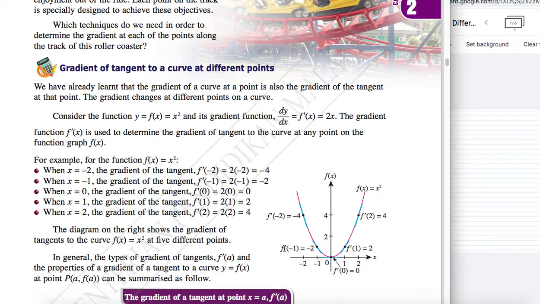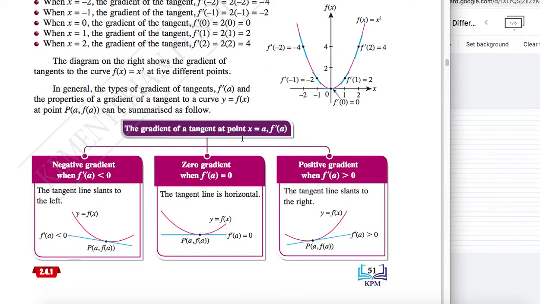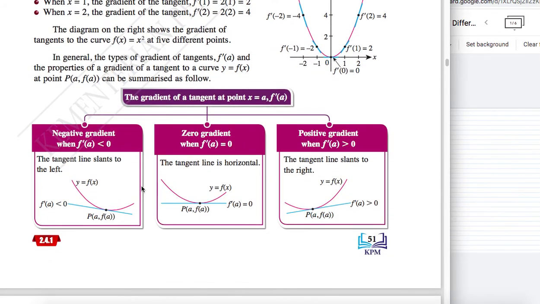Why do I say gradient? Because f prime. When x equals 0, the gradient equals 0. When x equals 1, the gradient equals 2. When x equals 2, the gradient equals 4. So this is the gradient at each different point. So the gradient of the tangent, when this is a curve, this is a gradient.